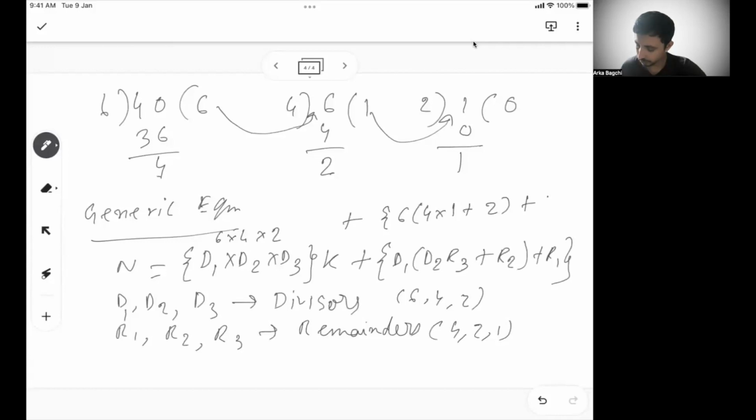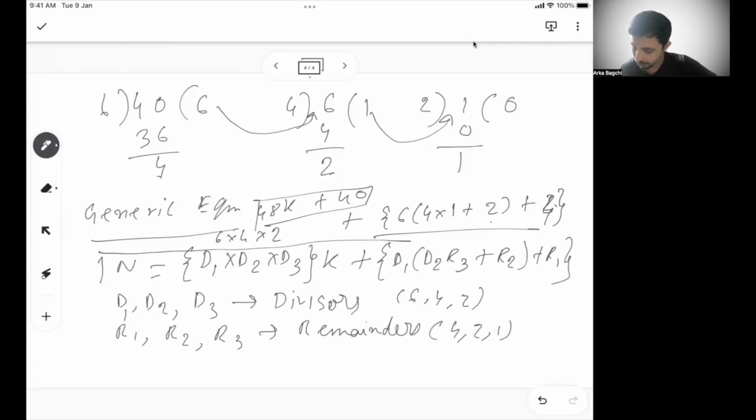So 6 into 4 is 24, wait, 6 into 2 is 12, no: d1 into r2 is 6 into... So if you do this, 6 into 6 is 36, and r1 is 4. So 36 plus 4, 40. So you get 48k plus 40. This was the value we got. So this is the most generic form of the equation you can remember.